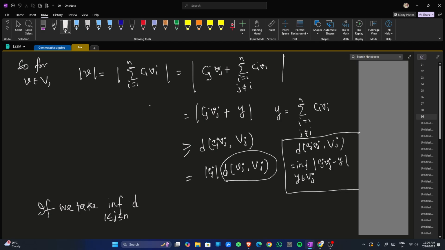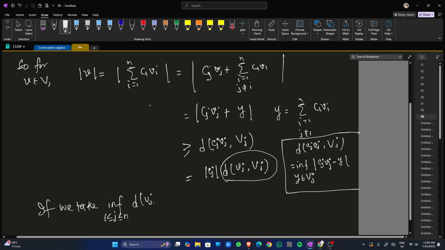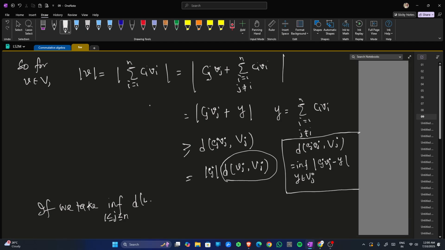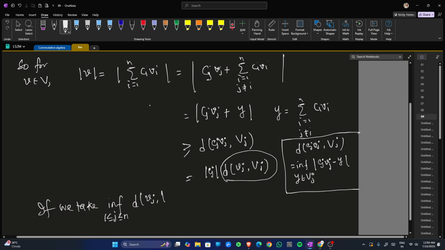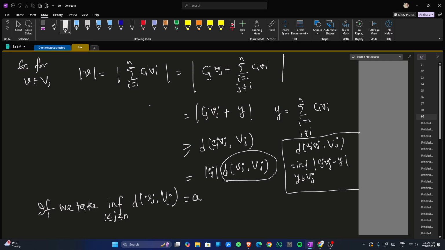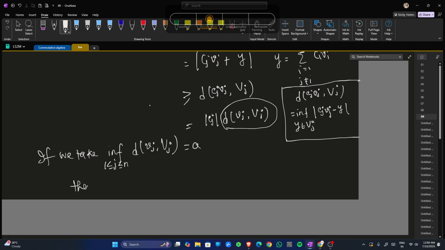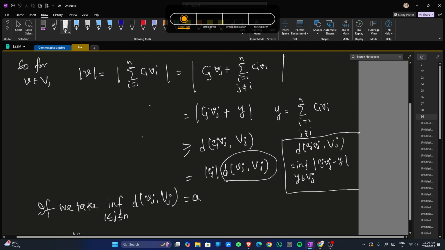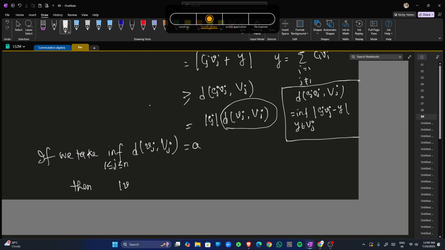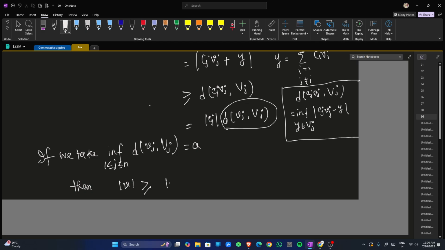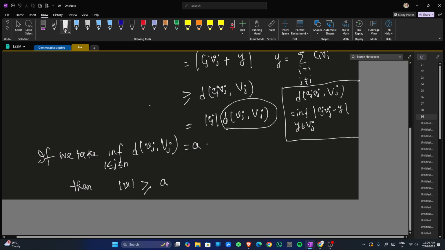Now if I take the infimum over this set, say this is a, then we have that the norm of v is greater than or equal to a times this, which is greater than 0.